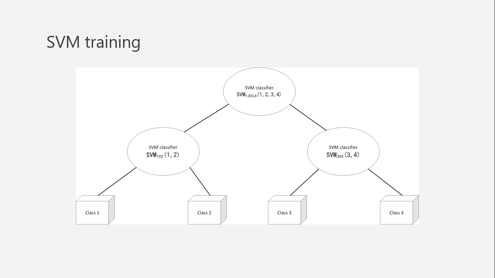Calculate the classifier. If the result of the air visibility level is positive, it belongs to class 1. Otherwise, it belongs to class 2. And last, go to the right leaf node. Calculate the classifier. If the result of this air visibility level is positive, it belongs to class 3. Otherwise, it belongs to class 4.